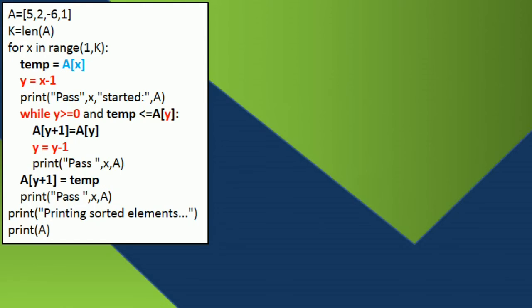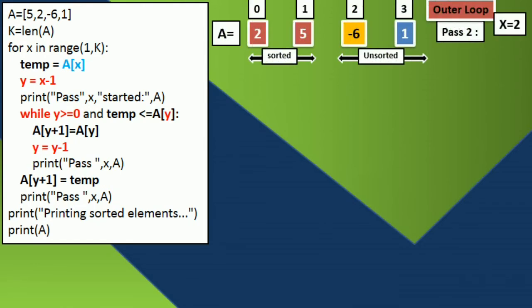Now in pass 2, here it is. These are the numbers 2 and 5. In pass 2 the value of x is 2. Outer loop, the a values are 2, 5, minus 6 and 1. We got two sorted numbers. At 0 that is 2 and at 1 is 5.